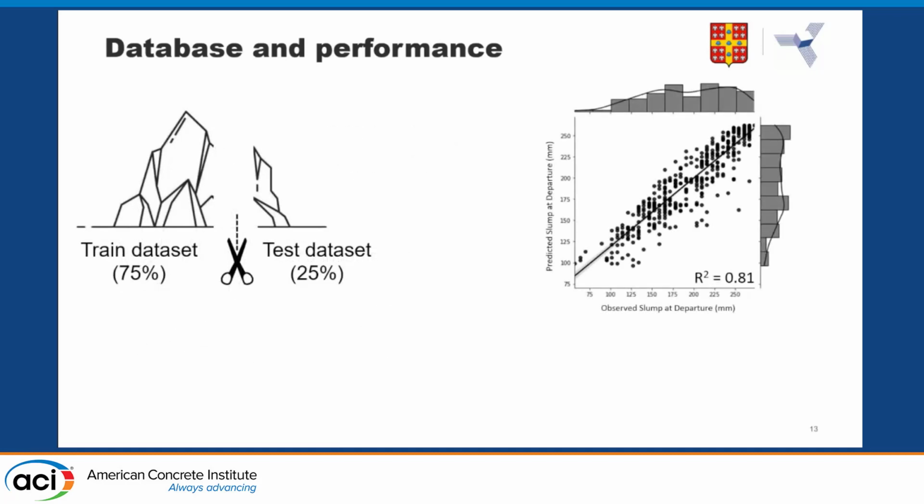Next, let's get back to our performance. And usually people say, yeah, we've got a correlation coefficient of 0.81. For the sake of the presentation, I'll show the train data set in red and the test data set in green, and usually what people show you is only the performance of the test data set.